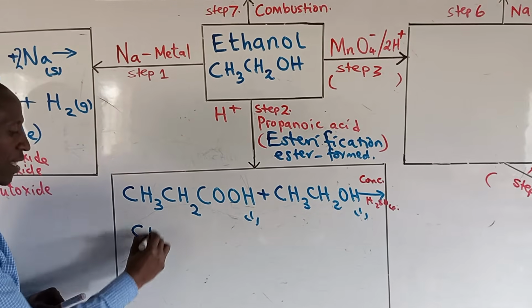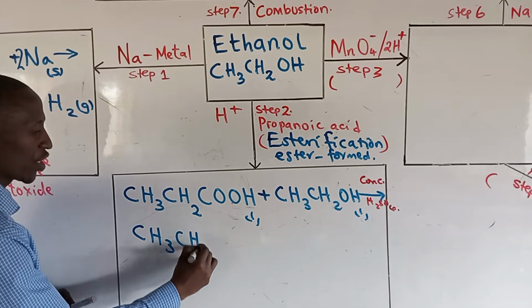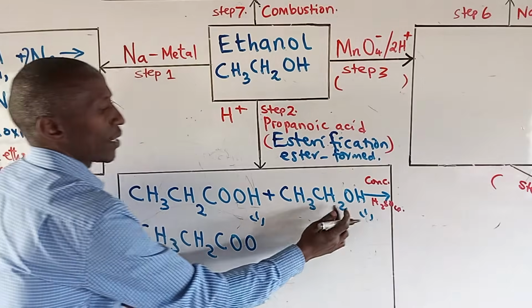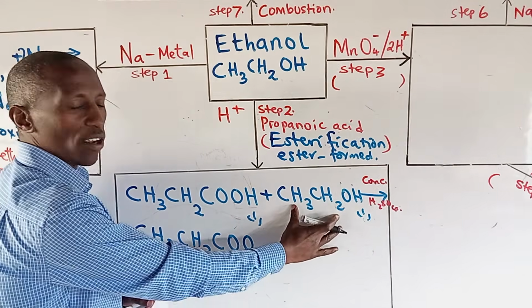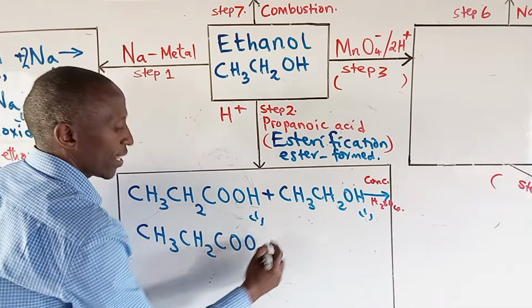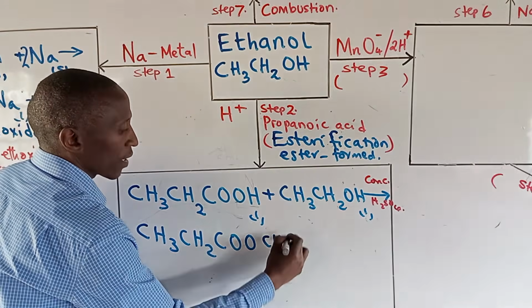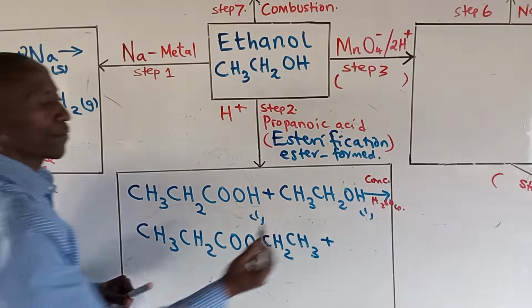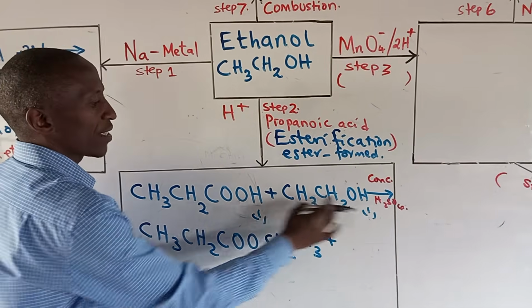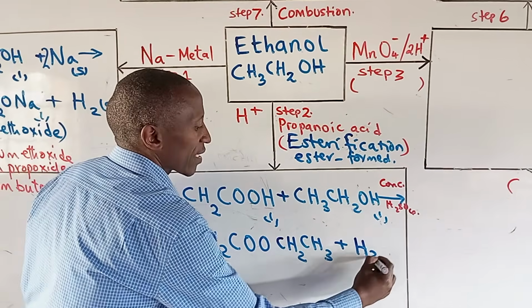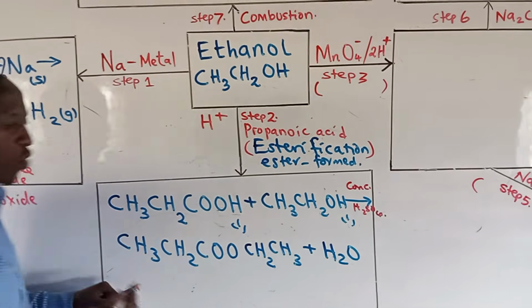It gives us the CH3, the CH2, and that, and then we link up with the alkanol part, the ethanol part, and we start with this end, CH2, CH3, and you realize that we have 2 hydrogens and 1 oxygen that is coming out, and that is the second product being water.